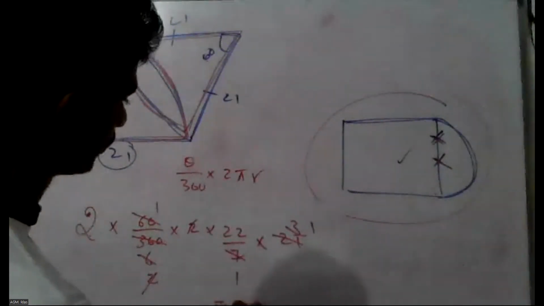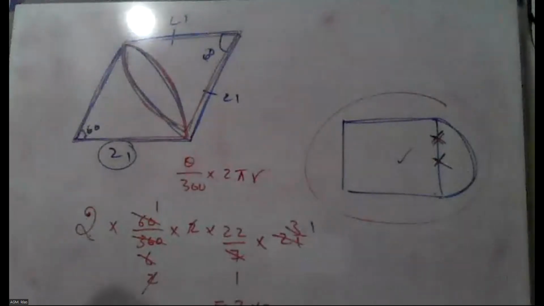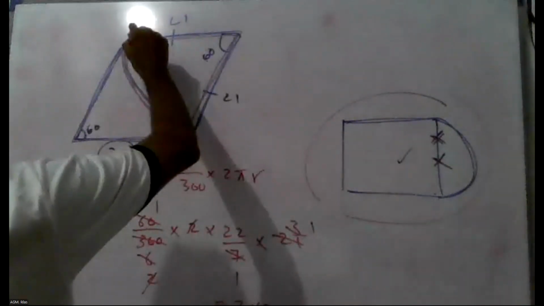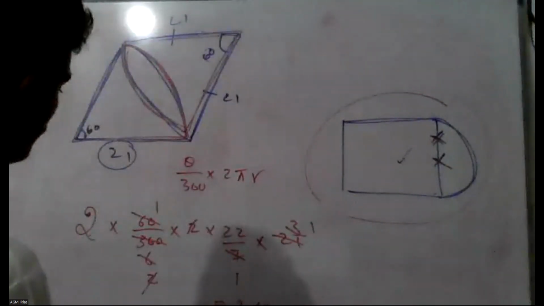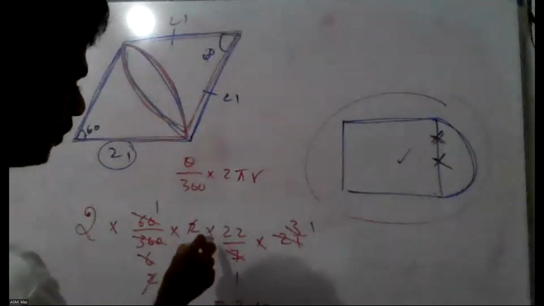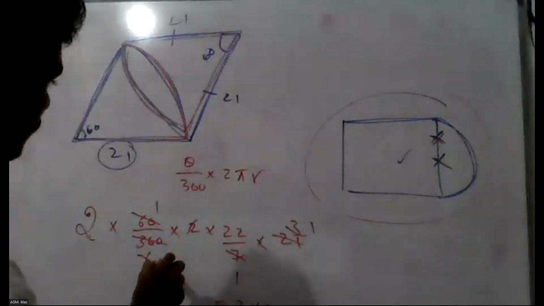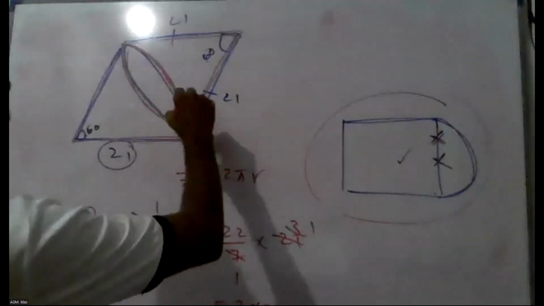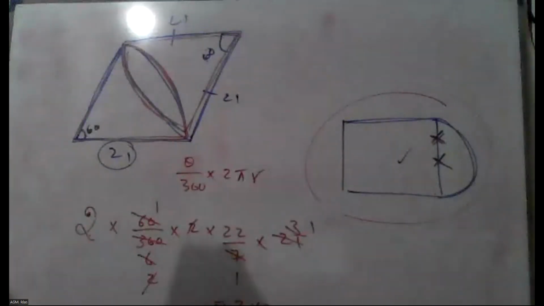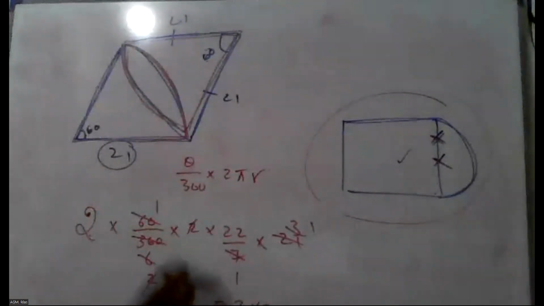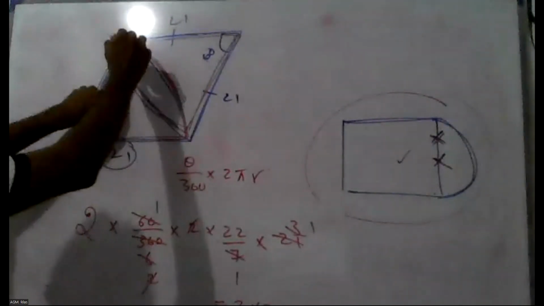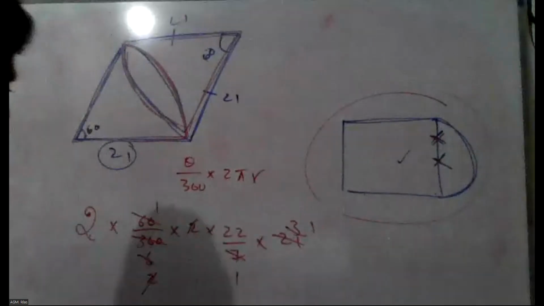So 2 into 22. The problem is I didn't include these 21. I have found this arc length. I slightly confused.